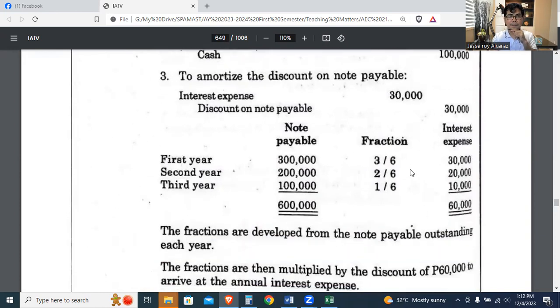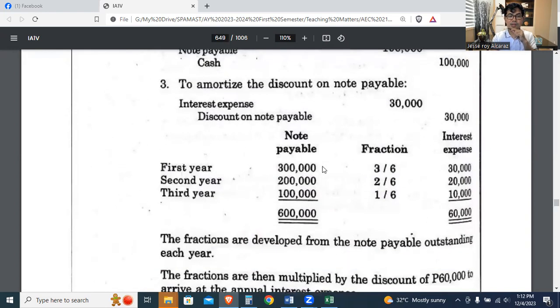So the first year, our outstanding note payable is 300,000. On the first year, it's still 300. On the second year, since we have paid 100, 200 is left, and on the third year, 100 is left. Take note, this is not what we pay. This is the running balance of our note payable over the 3-year period.